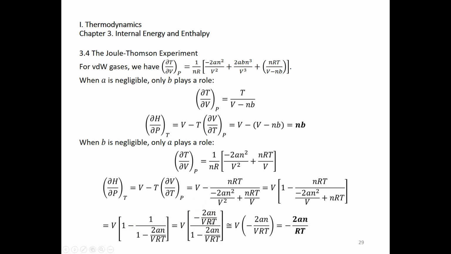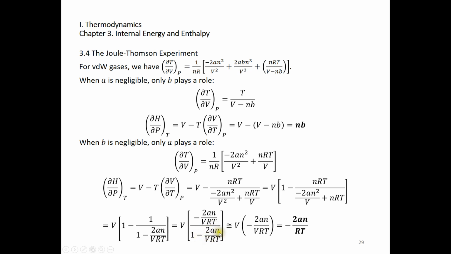And now we're going to make some approximation again. If you look at the bottom, it's 1 minus 2an over VRT. If a is small enough, and for real gases usually a is small enough, 2an is much smaller than VRT. Therefore this fraction is much smaller than 1.